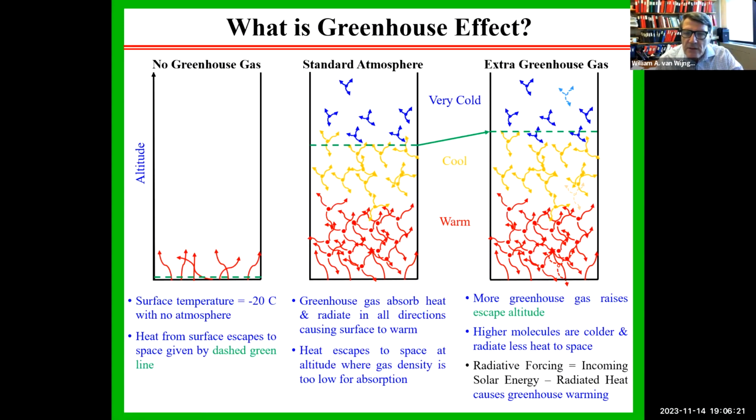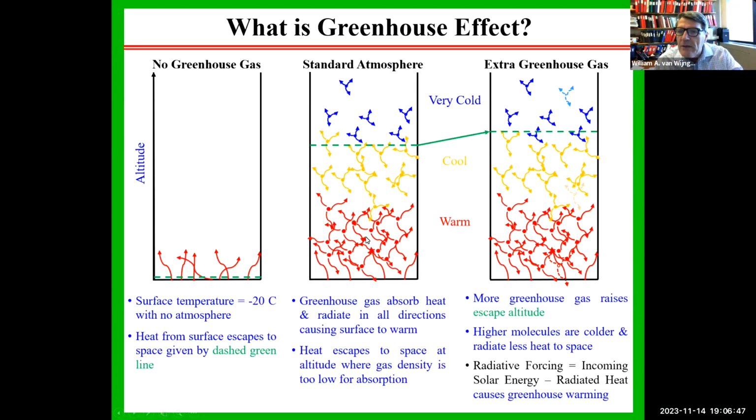Not only does the density decrease, but the temperature gets colder. At the surface for mid-latitude, the average temperature is about 15 Celsius. If you go up to the tropopause, around 11 kilometers in altitude, the temperature is about minus 50 Celsius. So it's very cold.